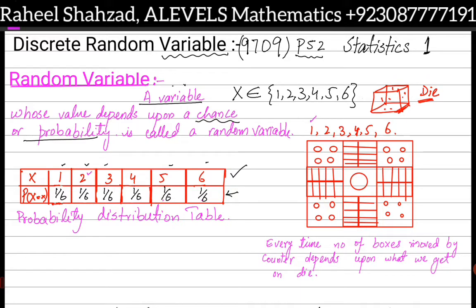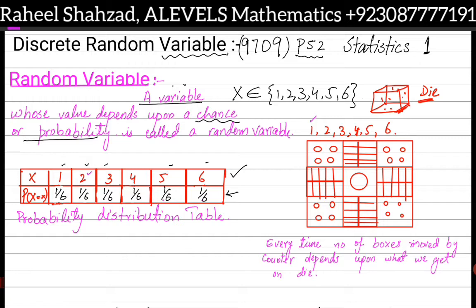Suppose we throw a dice. Suppose we are playing a game, Ludo, and when we throw a dice, we may get 1, 2, 3, 4, 5 or 6. These are the possible outcomes we can get. Every time, the number of boxes moved by a counter depends upon what we get on the dice. Suppose in my turn, if I get 4, I'm going to move my counter 4 times. If I get 5, 1, 2, anything.